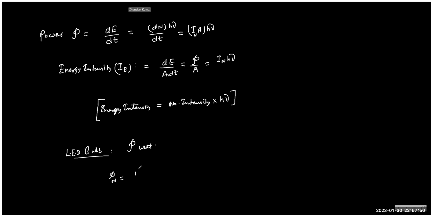You can just simply write P_n equals P watt upon h nu. That's it. h nu is again energy, so that's why you're getting a number, dimensionless. But then per second is there. So of course, P_n is the number of photons emitted per second. Yes, sir.